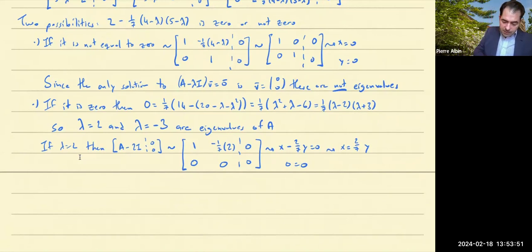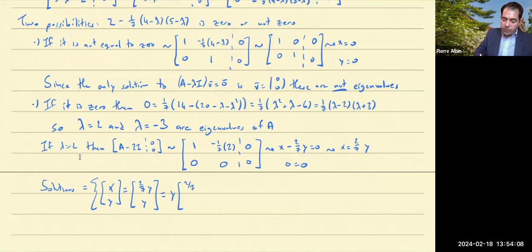So the solutions would be all of the vectors x, y, where x is 2/7 y and y is just y. So I can write that as y times (2/7, 1) with y arbitrary.